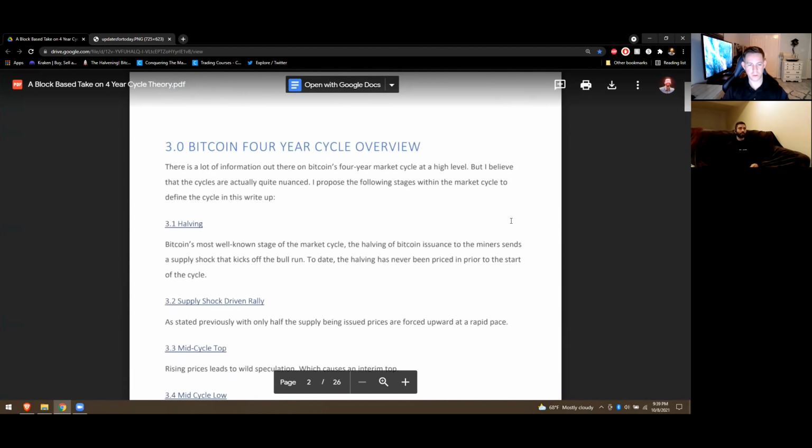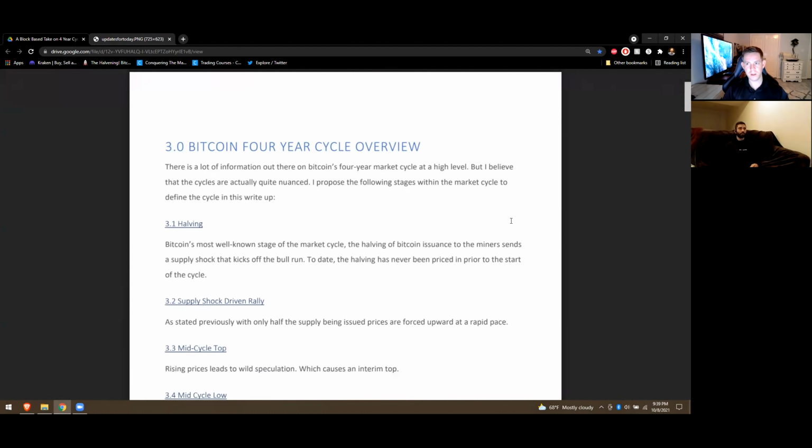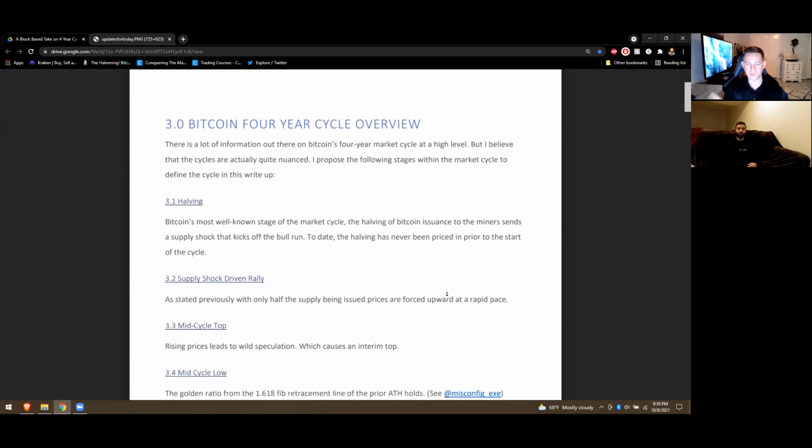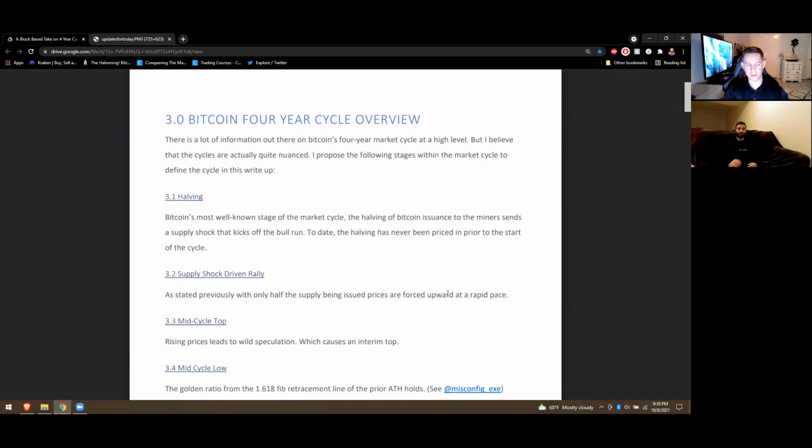Initially there were 50 coins per block, and a block is about an average of about 10 minutes. Now it's completely random based on physics. Some blocks mint seconds apart from each other and some are an hour apart. It just depends on how long it takes the miner to find the hash value that's necessary with the number of leading zeros, right?